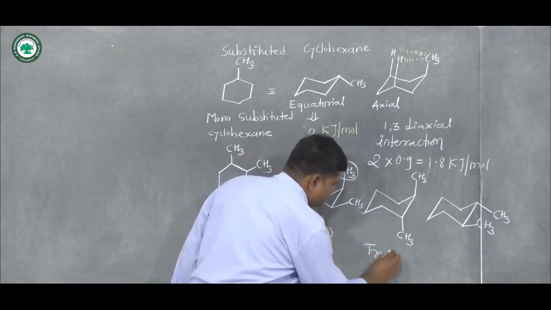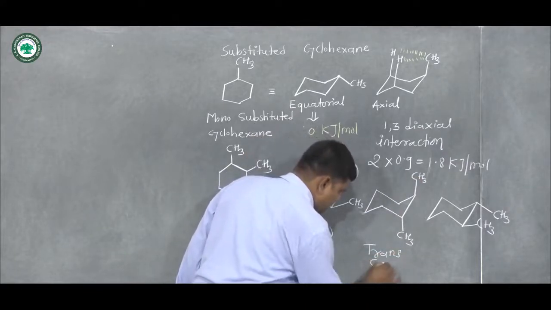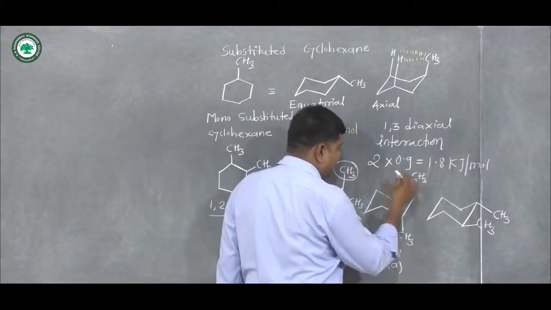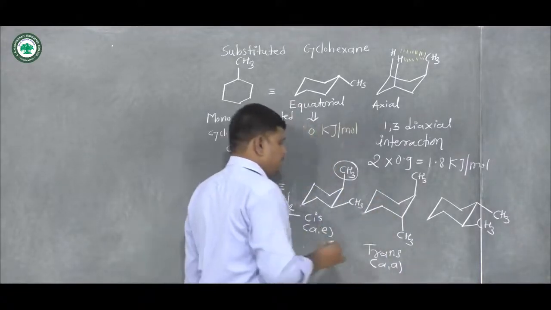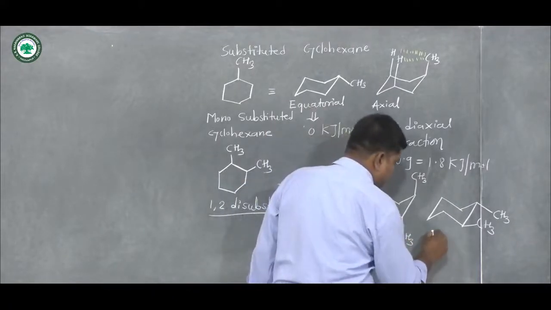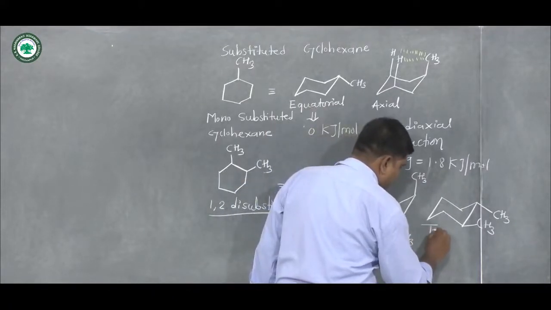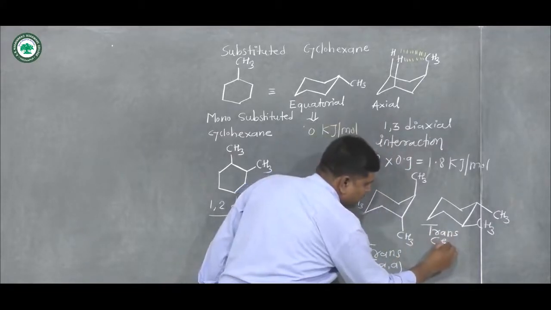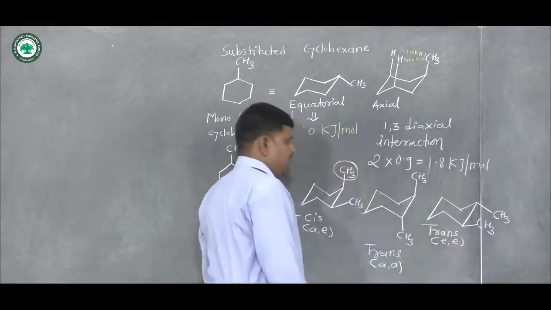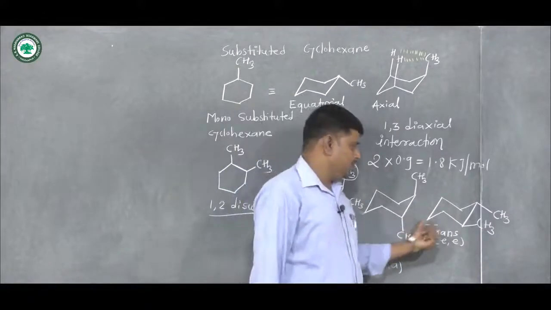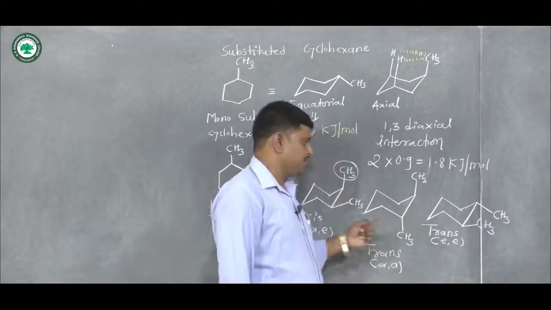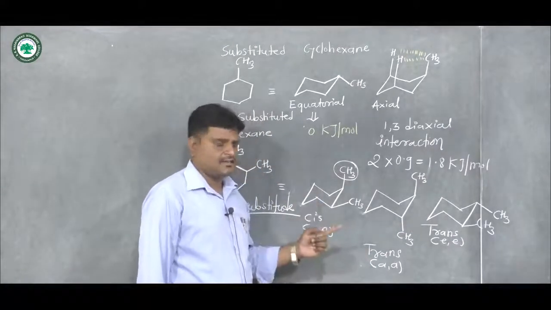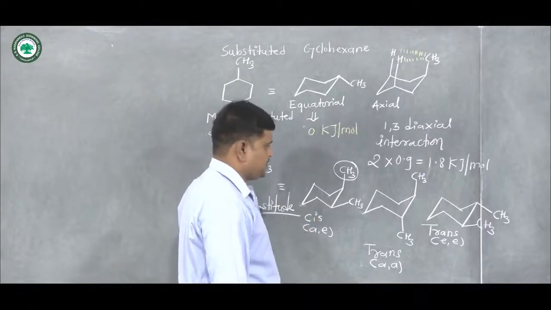Here we write trans axial, and here interactions are possible. Then another one, in this case, we write trans equatorial. Okay, in these three cases we write cis, trans and trans: 2 trans and 1 cis.